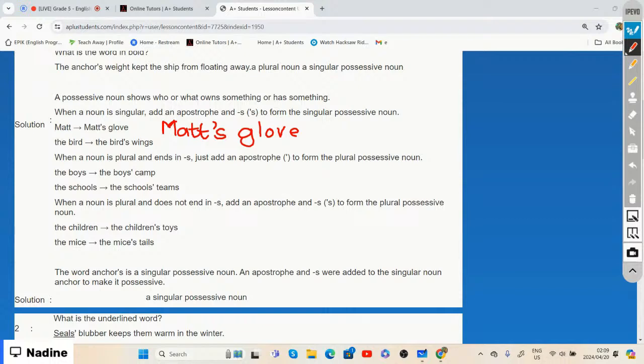And then we basically have singular possessives and we have plural possessives. And we said with a singular possessive noun, we add an apostrophe as well as an s to form the singular possessive noun.